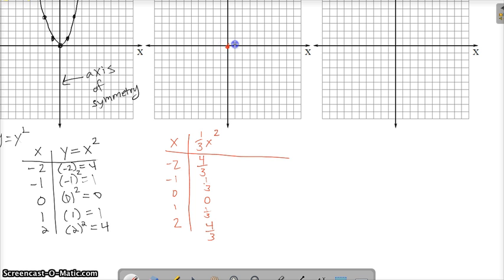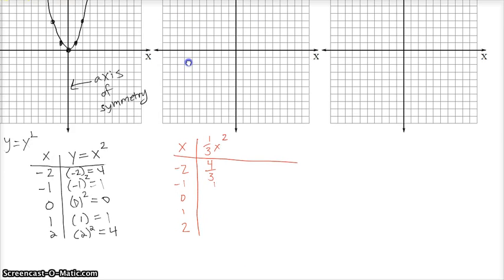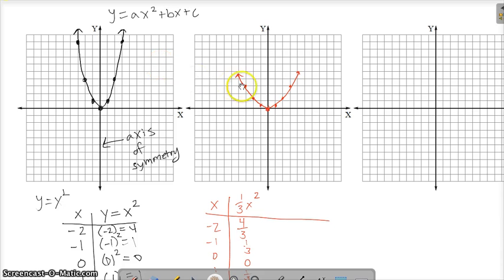0, 1/3, 4/3, 0, 1/3, 4/3. If I go one more out, it's going to be at 3. Now notice again, these still have these symmetric properties about them, but if you look at this and compare the two, you can tell that this curve tends to be a little less steep than the other one.